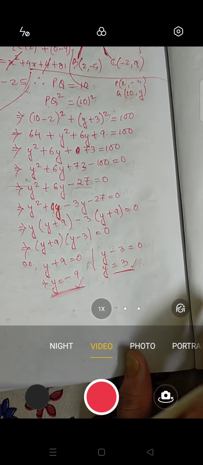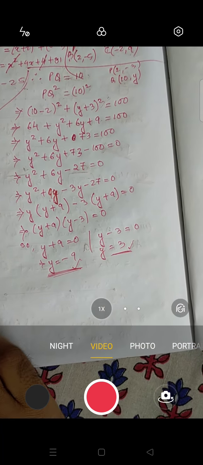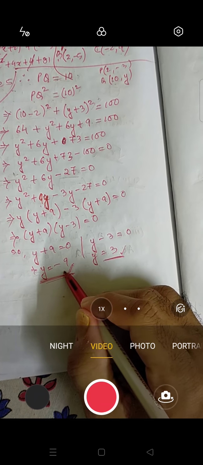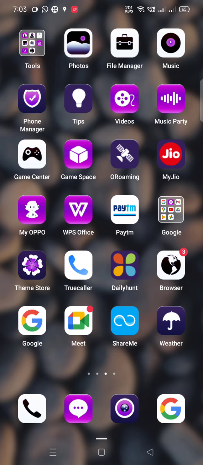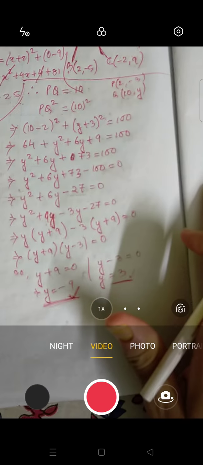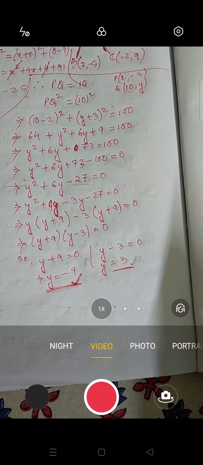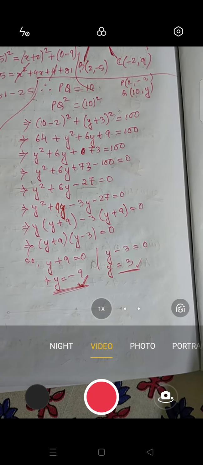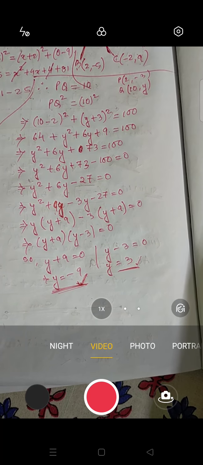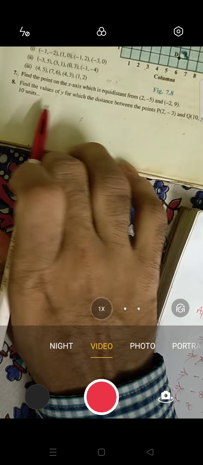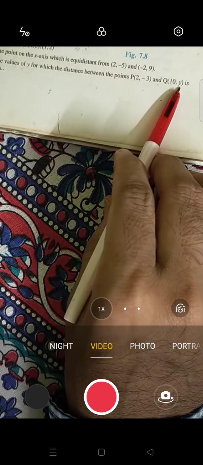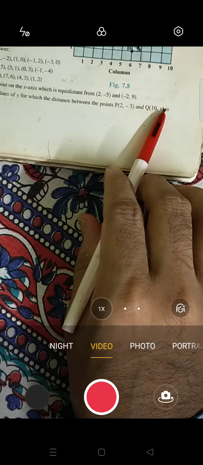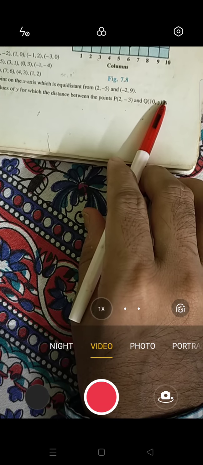Many students, after solving a quadratic equation, feel that the negative number should be removed, but remember that this y is a coordinate, and a coordinate can be positive or negative.